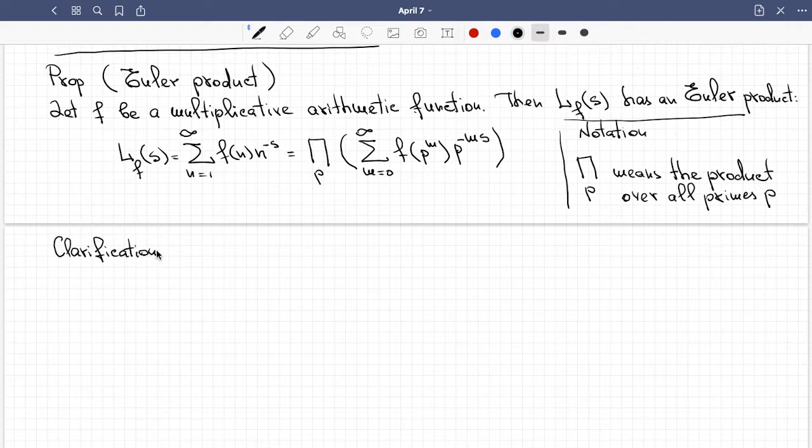I will try to convince you that this identity, this proposition, does not require proof. It is obvious. Let me try to do that with a clarification instead of a proof.